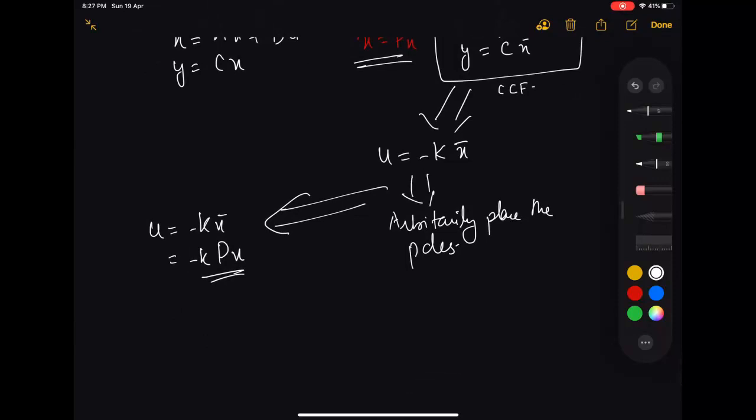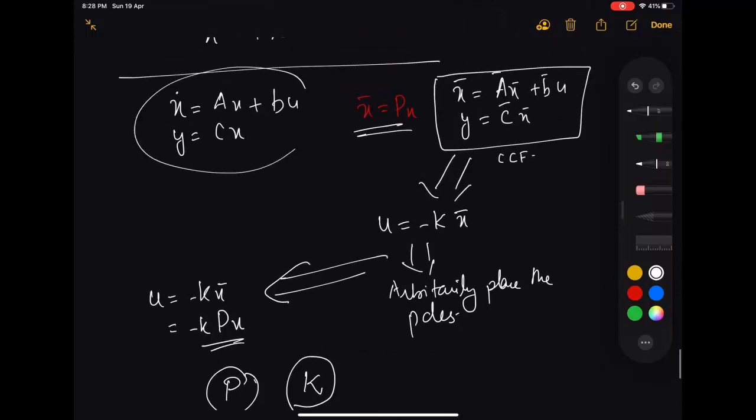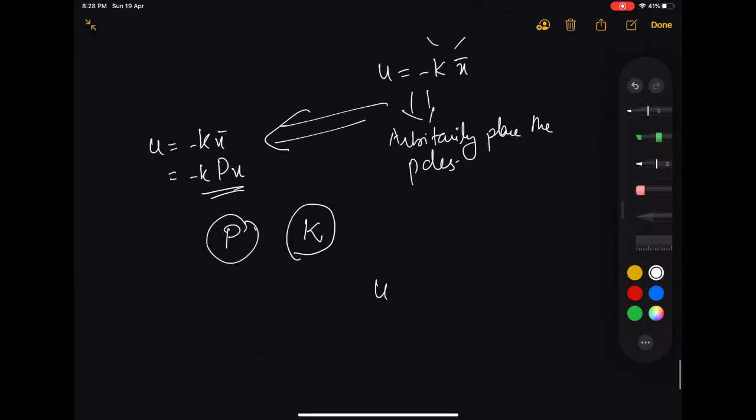So you have to find the transformation P, find the matrix K by comparing the coefficients like we did previously, and then your state feedback law, which you have to apply to the original system, is going to be u is equal to minus KPx. So this is how we do arbitrary pole placement for systems which are not in controllable canonical form.